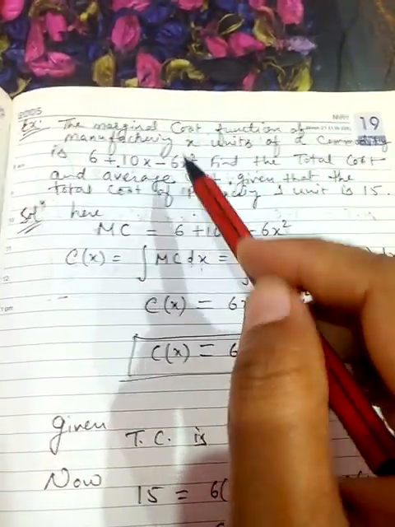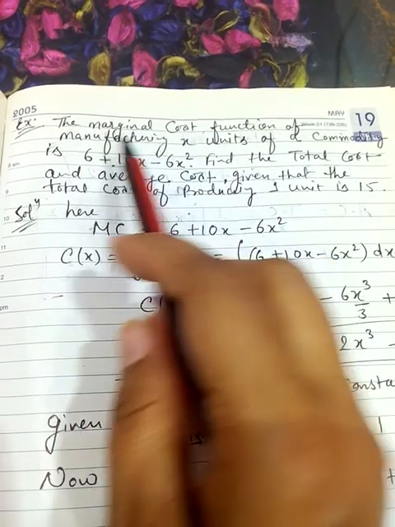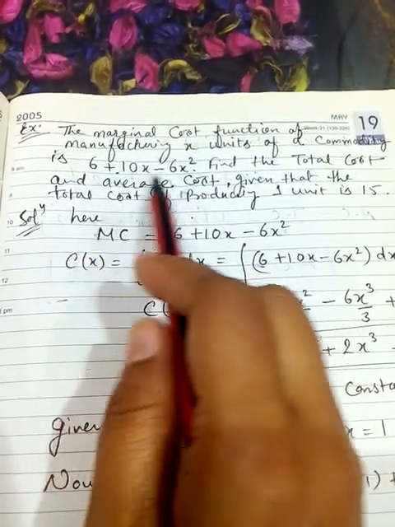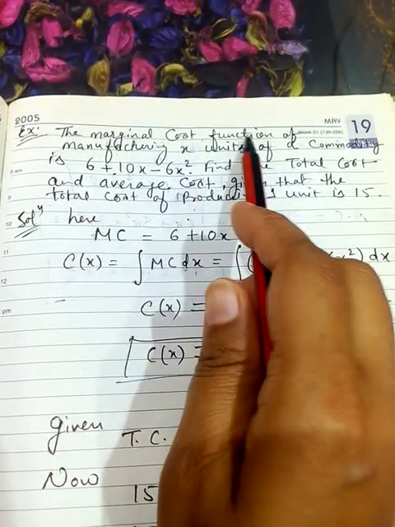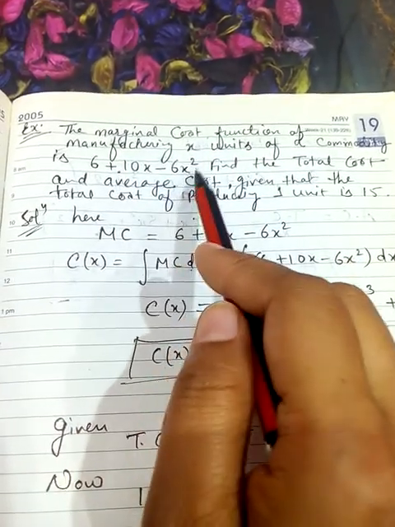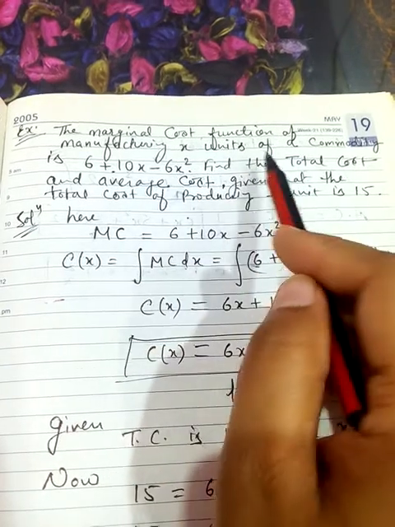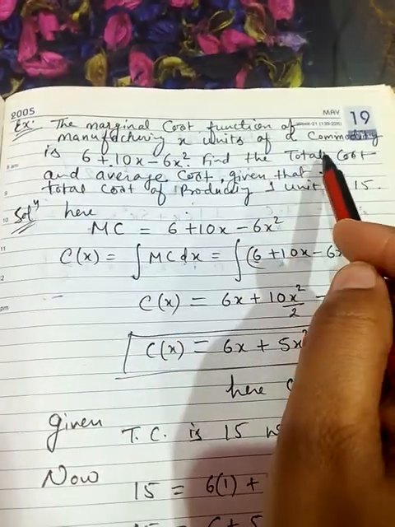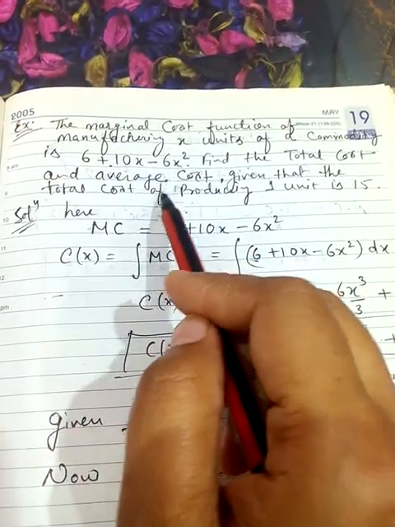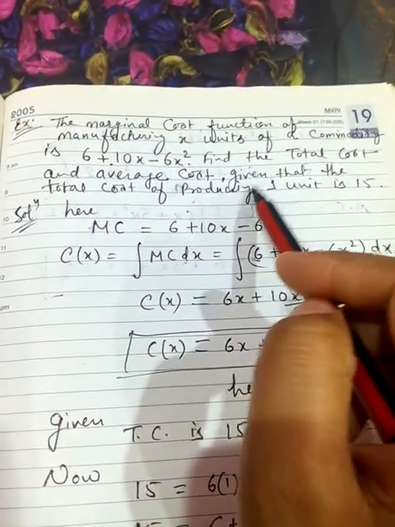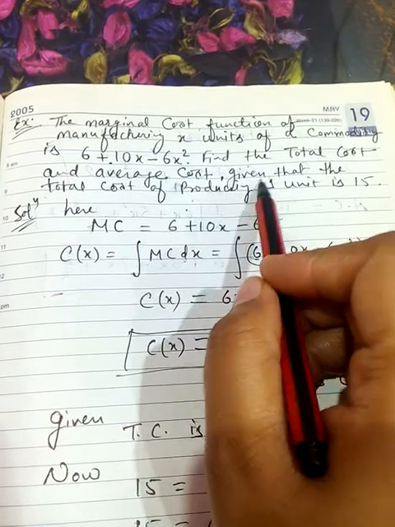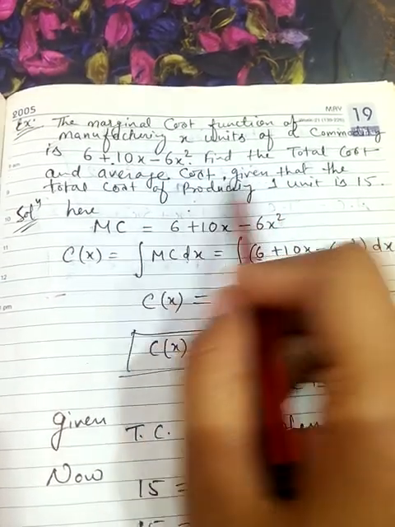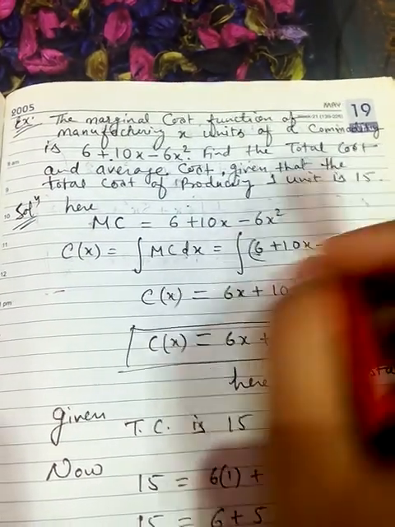So here in this illustration, we are given the marginal cost function, and we need to calculate through it the total cost and the average cost. We have a given condition that if we produce quantity 1, then the cost function will be 15.